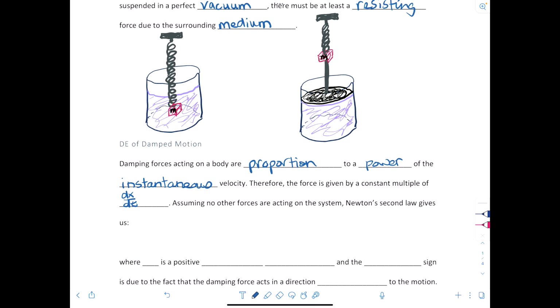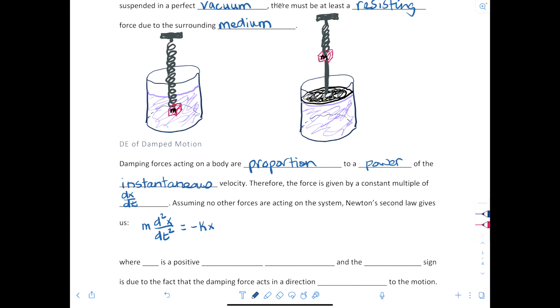Assuming no other forces are acting on the system, Newton's second law gives us the mass times the second derivative of x with respect to t equals negative kx, which was part of the equation in 5.1.1.